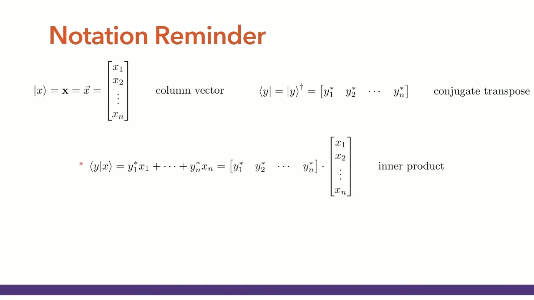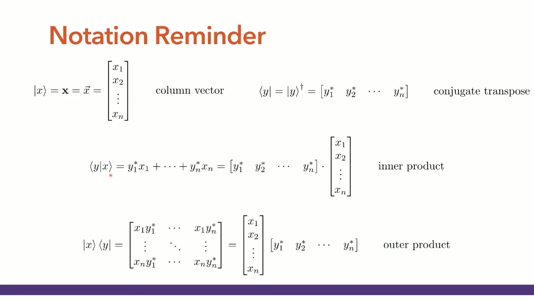This bra y ket x simply denotes the inner product between y and x. And ket x bra y denotes the outer product between x and y. And this, I think, is all the notation we're going to use today.